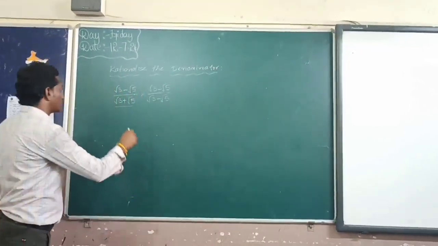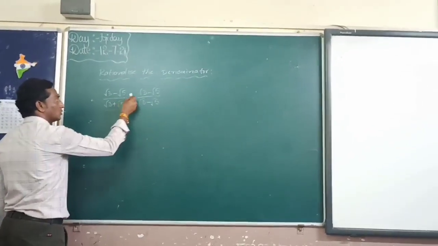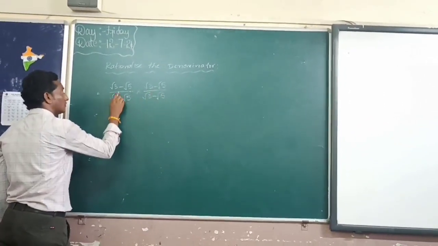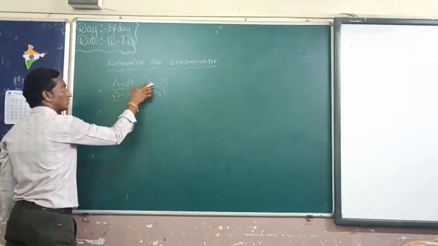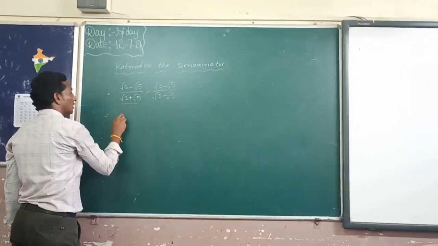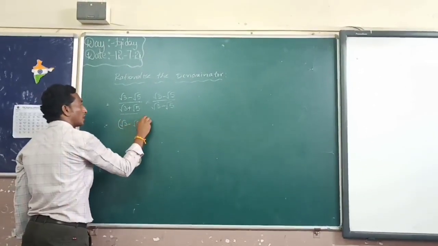Now the process. See the numerators: root 3 minus root 5 and root 3 minus root 5. Both have the same terms, so this can be written as root 3 minus root 5 whole square.